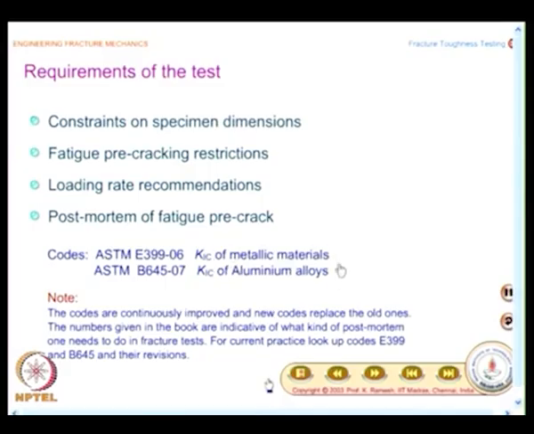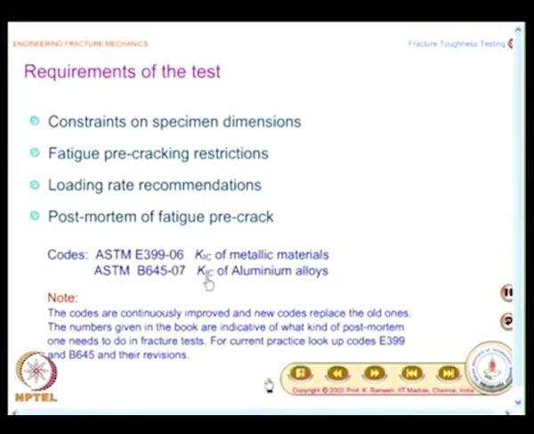And there is also a practice associated with this, where people make certain modifications, and you have for aluminum alloys an ASTM standard practice B645, reported in 2007.